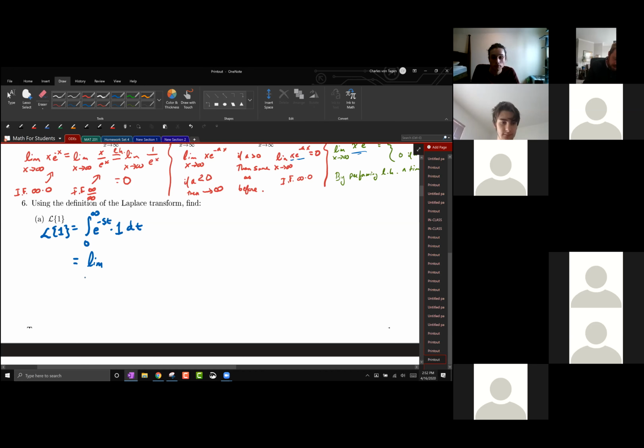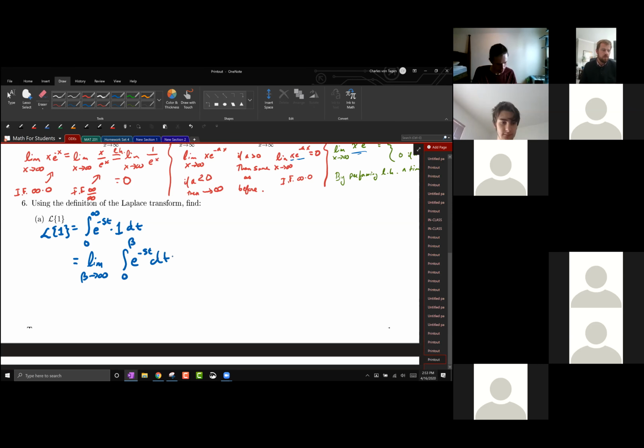We said that's the limit as beta approaches infinity of the integral from 0 to beta of e to the minus st dt. So we put a variable up there, then we evaluate the integral separate from the upper limit of integration, then we take the limit. There's a sequence there that's vitally important in math.